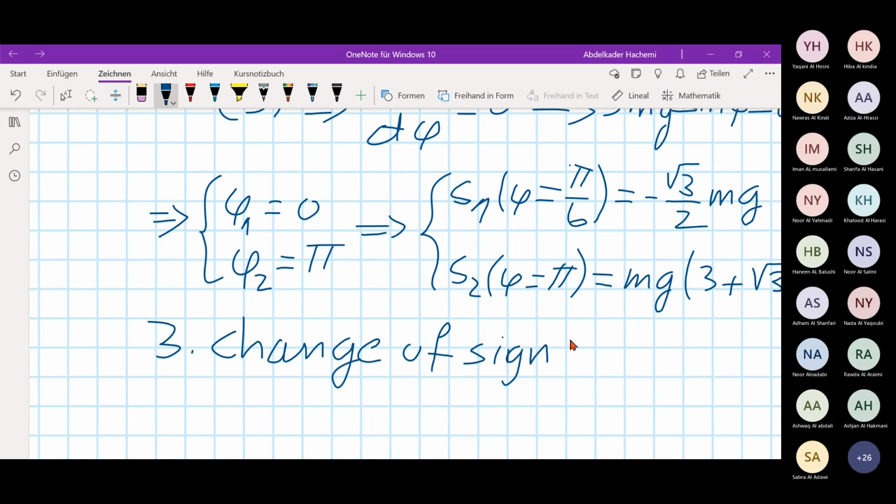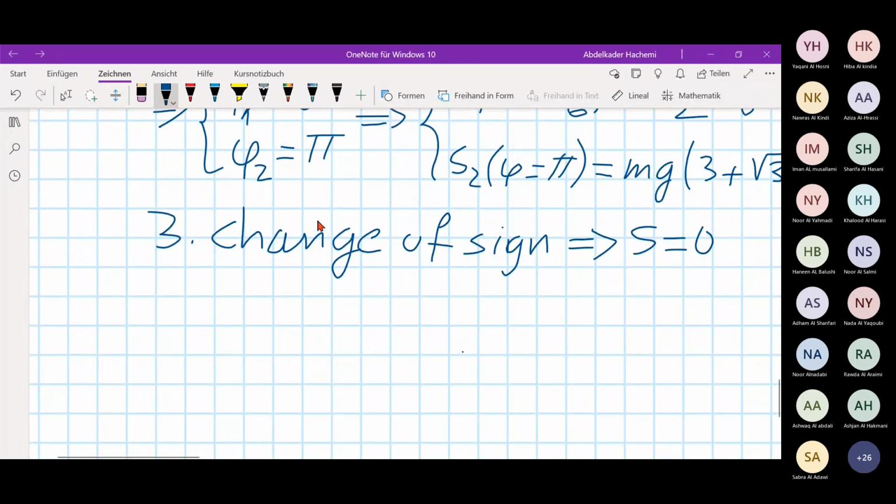This means that S should be equal to 0. Initially, from 30 degrees to a certain angle, it is positive, it's traction. After this, it becomes a compression, that means negative. Then we look for at which position S will be equal to 0.